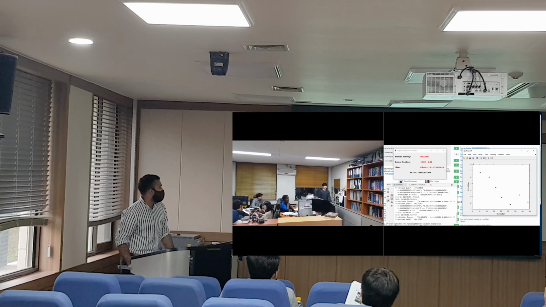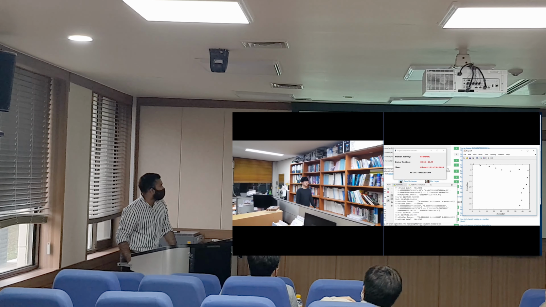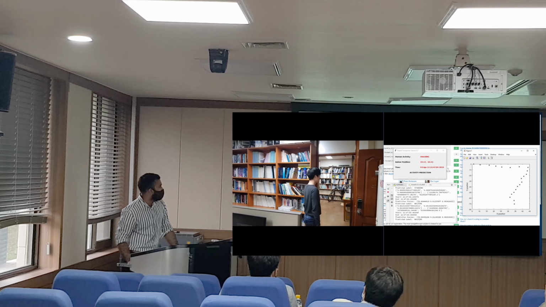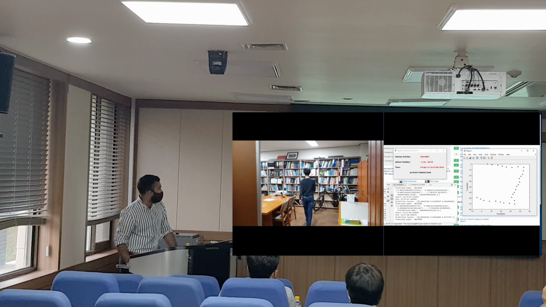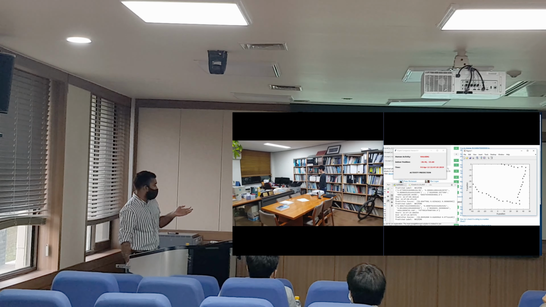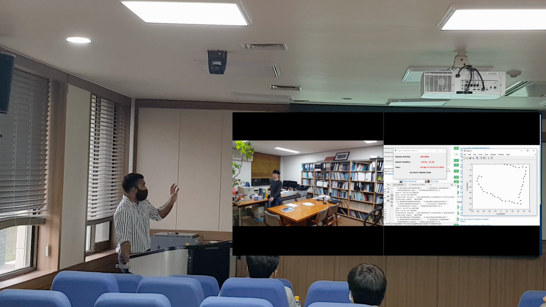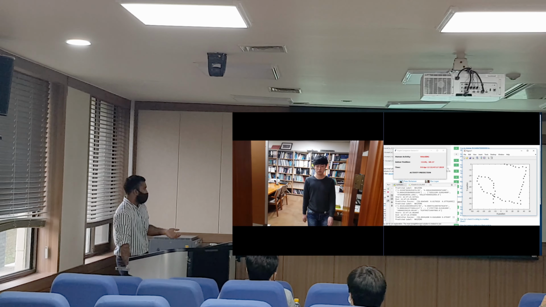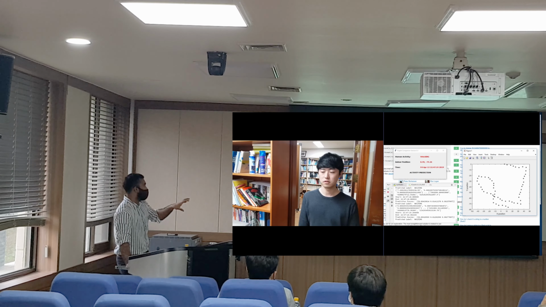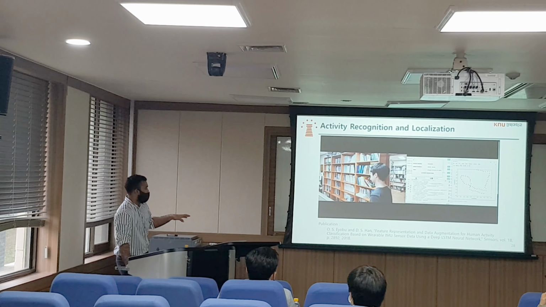It's part of our entire project. So we also identify the user activities and user position, and simultaneously plot the trajectories. Even with this result, the coordinates of the plotted values are difficult to match with our real scenario, or the system works only in a limited scenario.